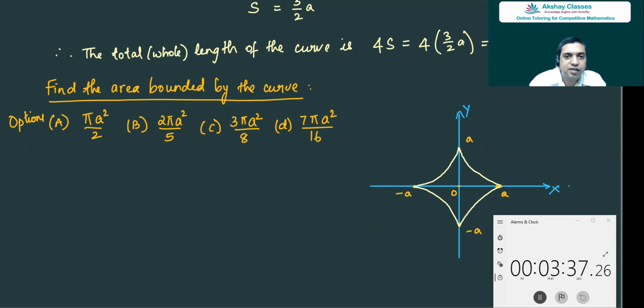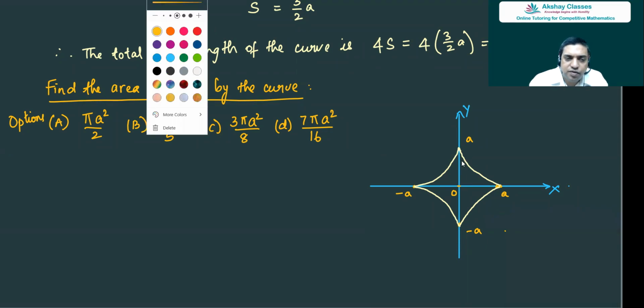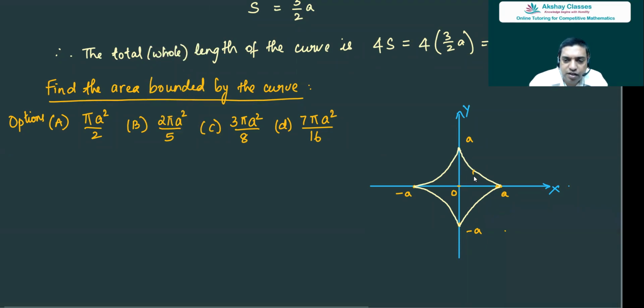You are trying it. Try that. No problem. Okay. Others, look at this. I will find the area in the first quadrant only. So I will take an elemental strip here, of length dx, and this is y.